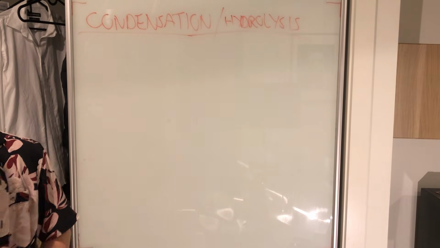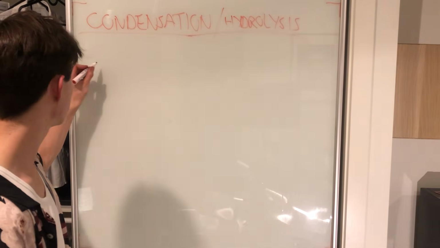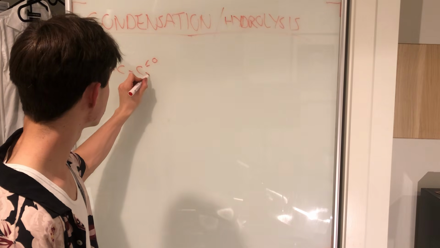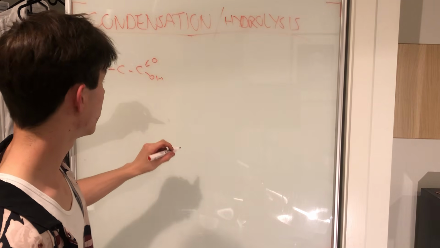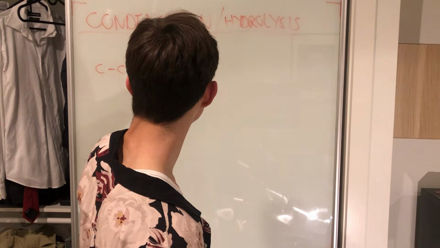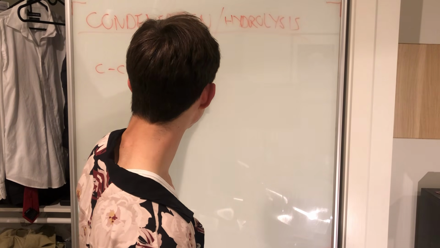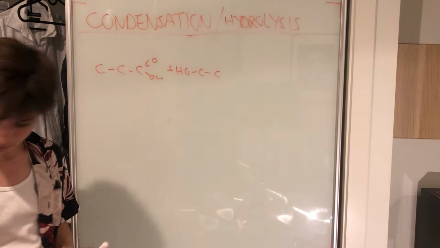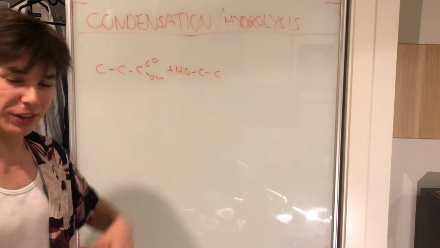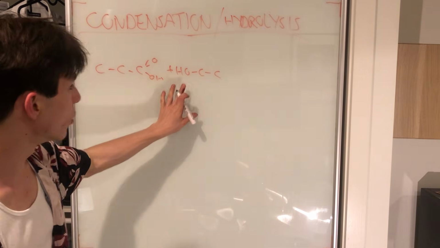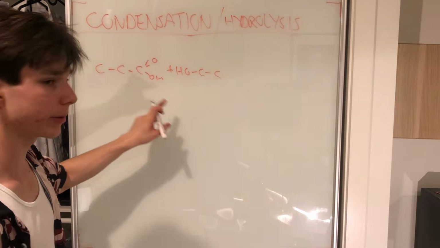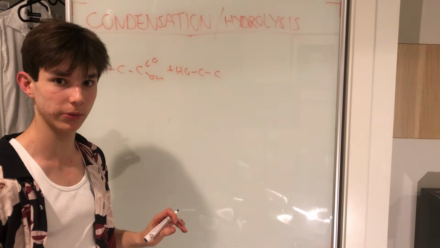Let's start off with that first one, carboxylic acid. So let's get propanoic acid and ethanol. What is a condensation reaction? Condensation reaction in general is the removal of a small molecule to form a bond between two larger molecules.